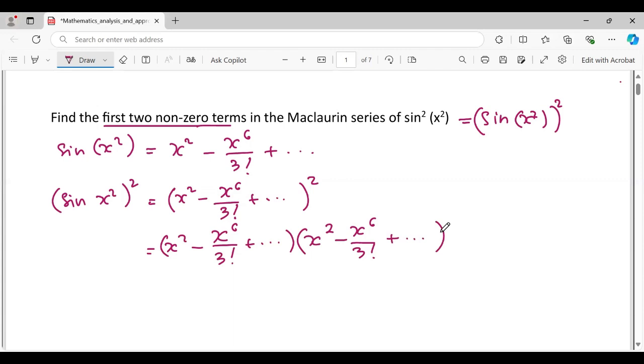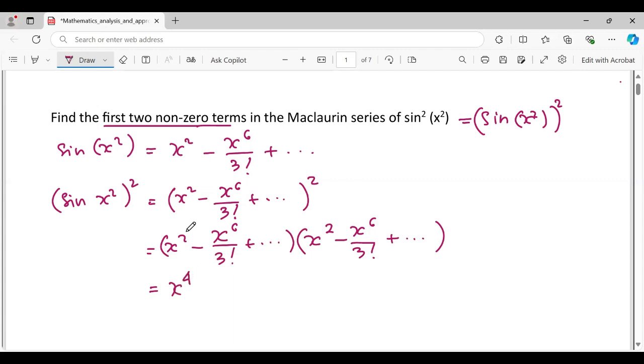Recall that we just find the first two non-zero terms. So let's calculate. x squared multiplied by x squared equals x to the power 4.